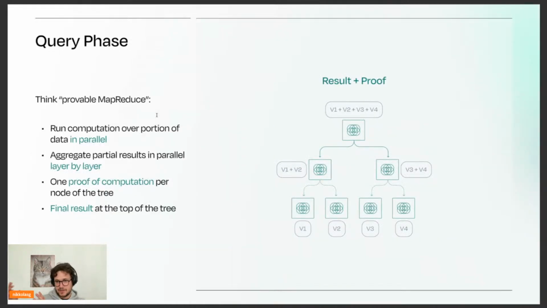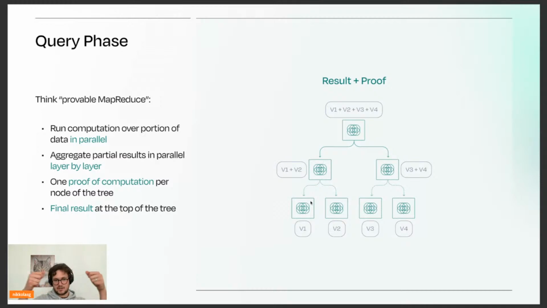And then we can query over this specific Lagrange database. For example, here we have values V1, V2, V3, V4. Then we aggregate partial results, very similar to MapReduce, where you do partial computation. For those not familiar with MapReduce, it changed the paradigm for computation over a large set of data. Before, 10 or 15 years ago, you used to bring all the data to one server and compute over it, but this is very inefficient and slow, and it requires a super huge machine.